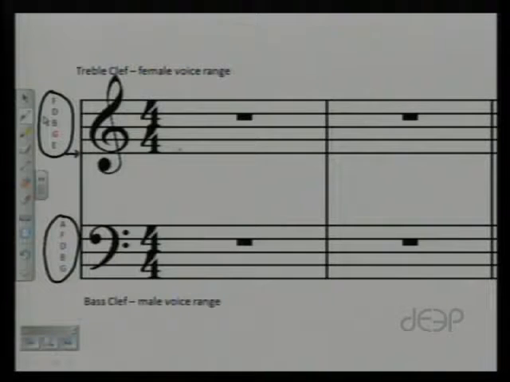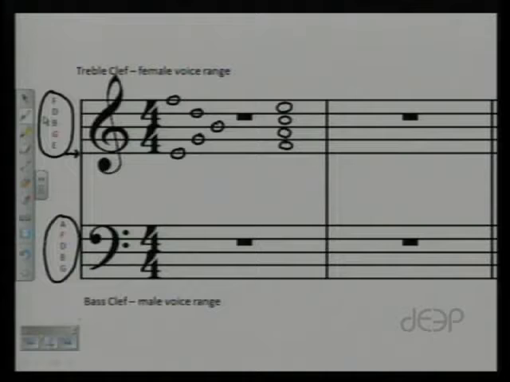So if we were to see a note right there, that would be the note E. The next line above that is a G. The next line above that, B, D, and F. Now, the notes that fall in the spaces between would be F, A, C, and E.